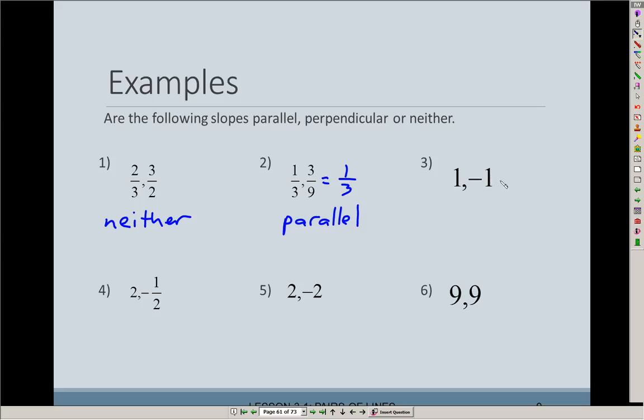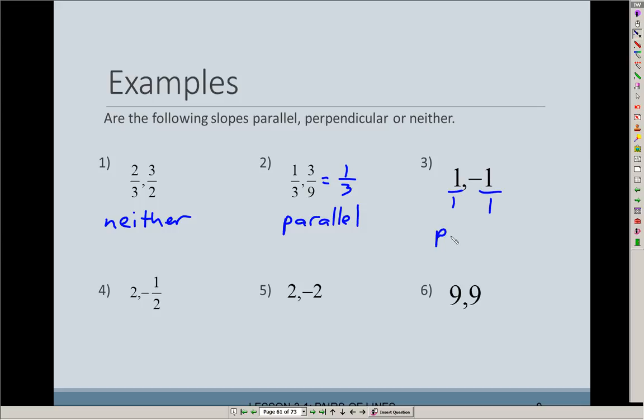1 and -1, it might help if we wrote these as fractions. 1 is 1 over 1, and -1 is -1 over 1. And I can see how I flipped it, even though the numbers are the same, and I changed the sign.